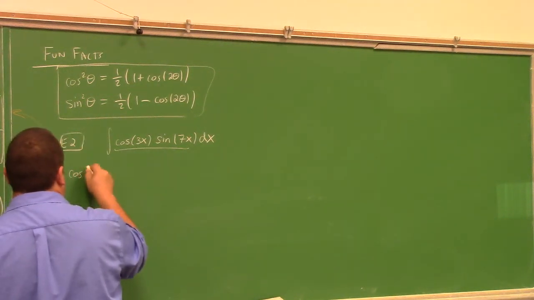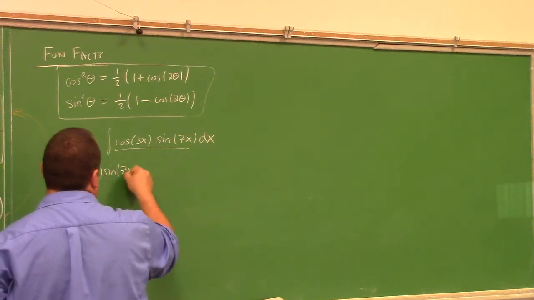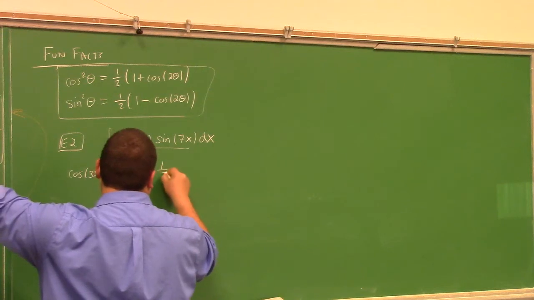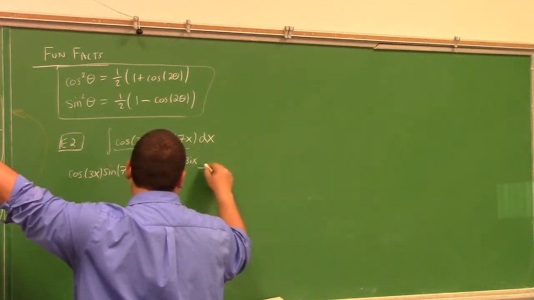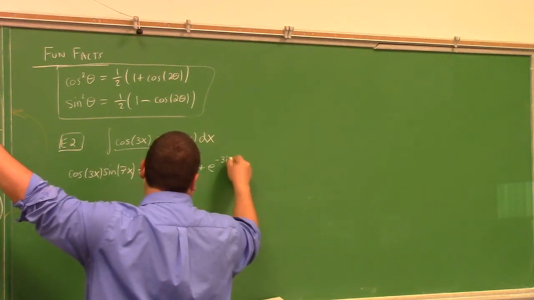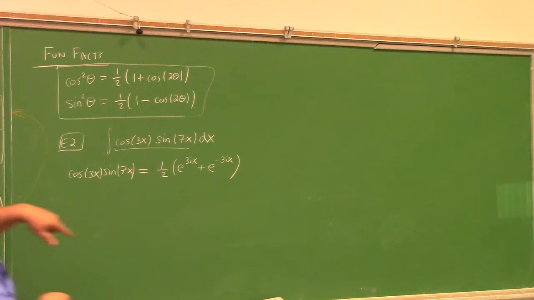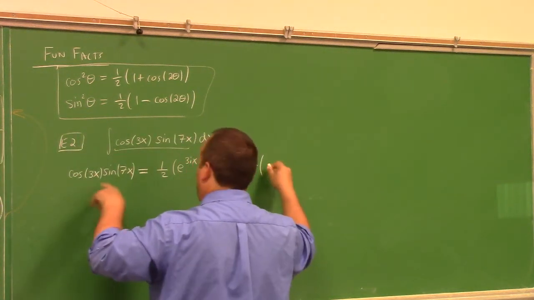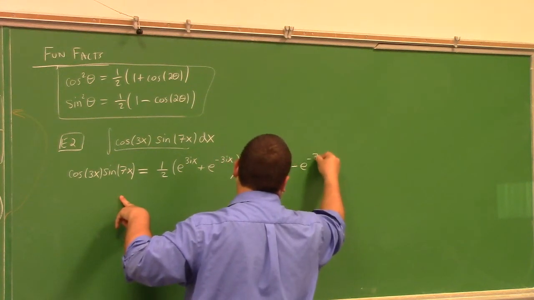So cosine of 3x times the sine of 7x. I use my boxed formulas over here. I convert that to 1/2 times e to the 3ix plus e to the minus 3ix. That's my cosine. And then I've got a 1/2i times e to the 7ix minus e to the minus 7ix.